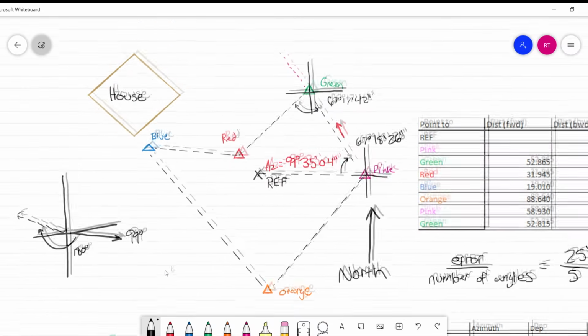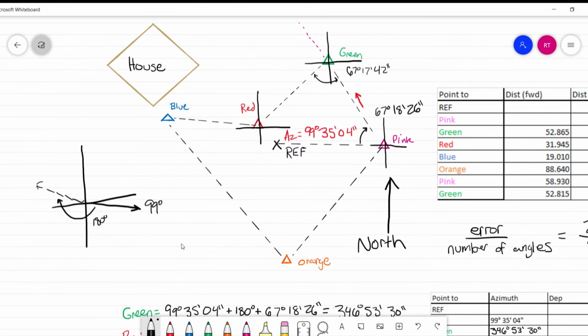Let's head back up here and look at the next point. We look back here and we see we want this azimuth, so we need to subtract 180, because what we have right now is this right here at 234 degrees. So if we subtract 180 from that, we'll end up on this line right here. And then we have an angle measure from here until here when we zeroed out our backside at green and then measured blue. So taking the reference point, subtracting 180 to get the reverse azimuth, and then adding our angle measure.